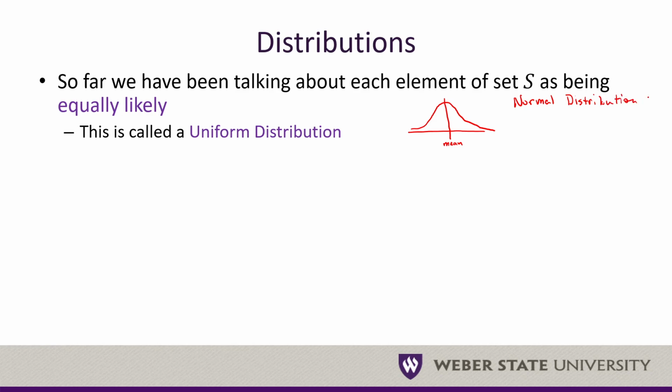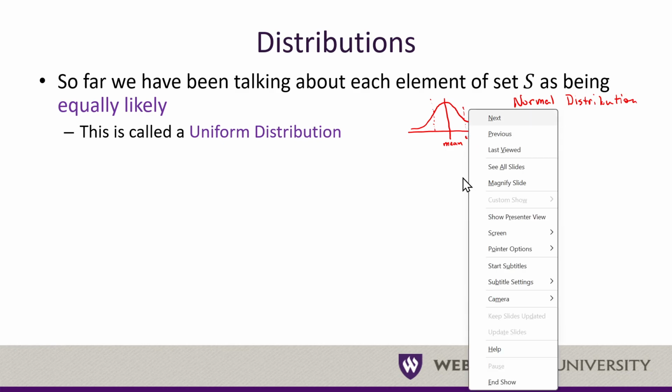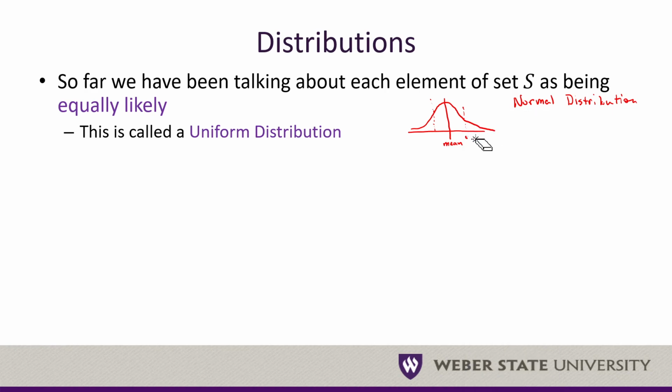It's also been a long time since my last statistics class, so there are a couple of things I probably won't be able to define perfectly for you here, but we have what's called a standard deviation. Sigma, minus sigma, plus sigma.